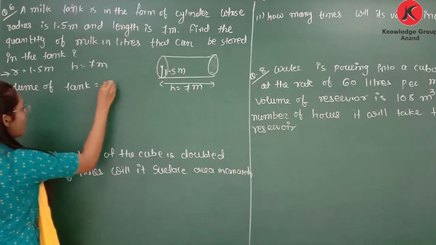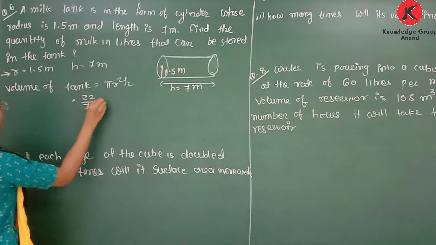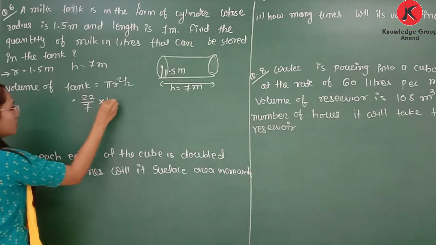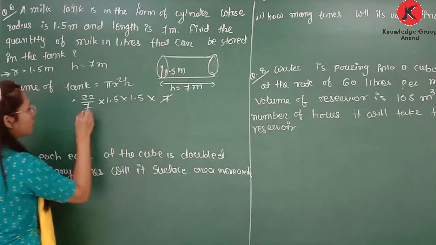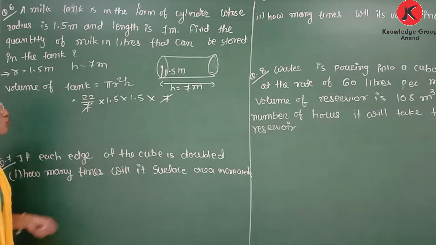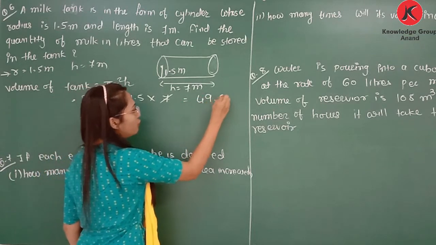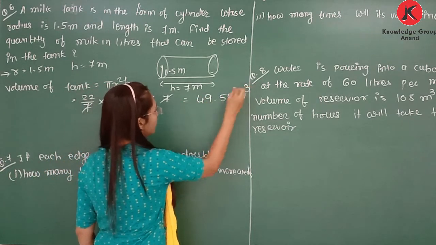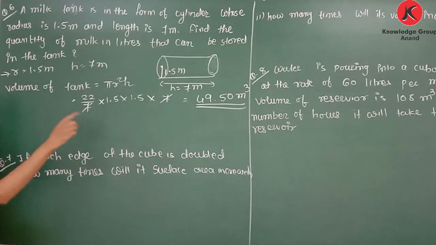So it is pi r square h because it is a cylinder: 22 by 7. Now radius is 1.5, so multiply 1.5 two times, and height is 7. So multiply 22 with 1.5 and 1.5 and you will get 49.50 meter cube. That is the volume of the tank, so that much quantity of milk is held in the tank.